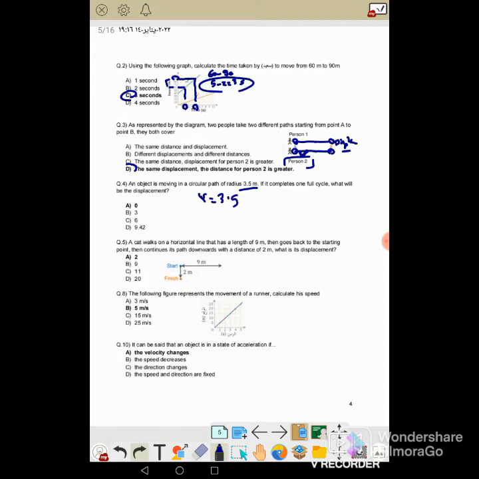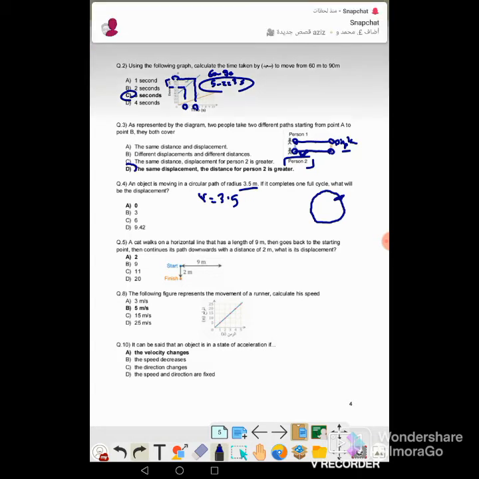If it completes one full circle, what will be the displacement? This object begins from this point, takes one path in a circle and returns to the starting point. If the object returns to the starting point of the motion, displacement equals 0.